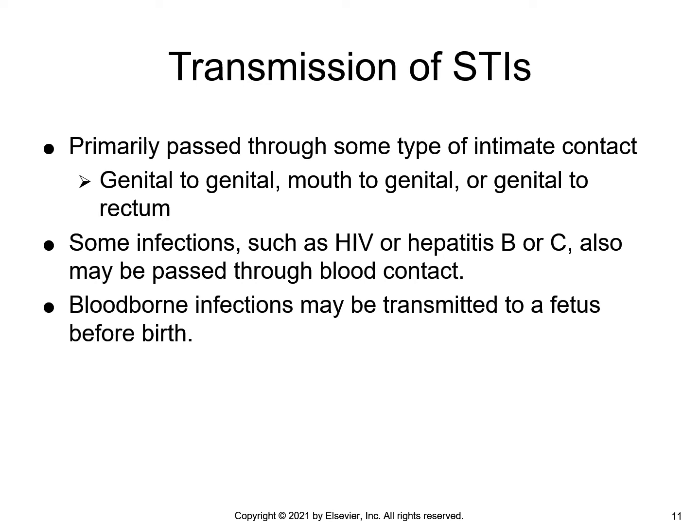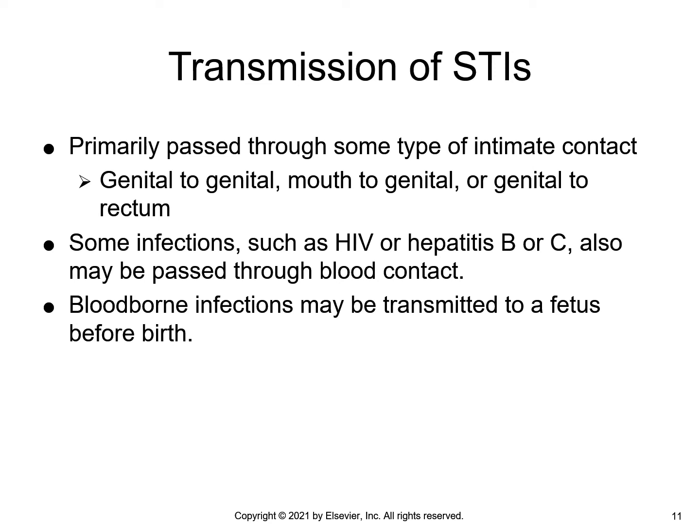Sexually transmitted infections are primarily passed through some type of intimate contact, genital to genital, mouth to genital, or genital to rectum, and these can occur in all types of sexual relationships.